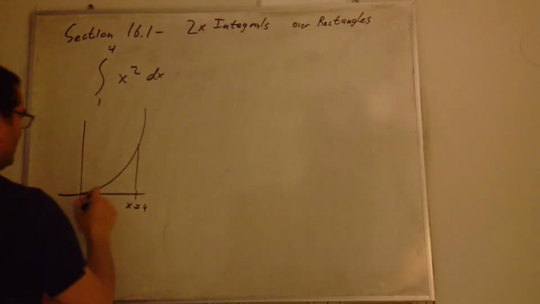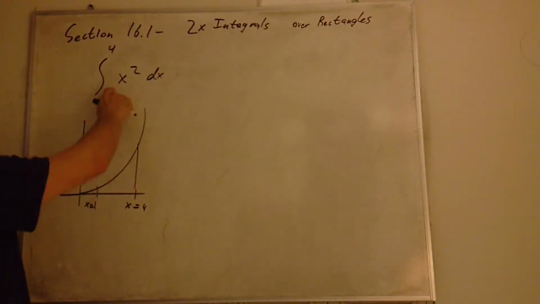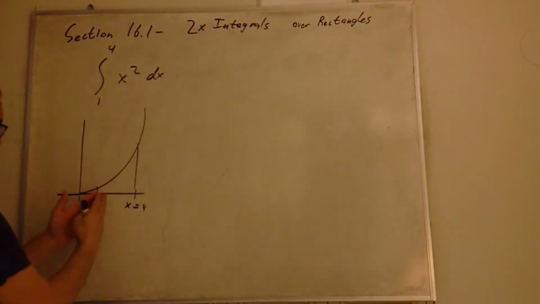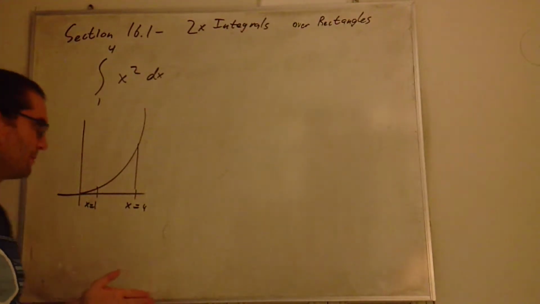If we just do this arithmetic, this calculus, we're getting the exact area underneath this shape on this region of the x-axis between 1 and 4.